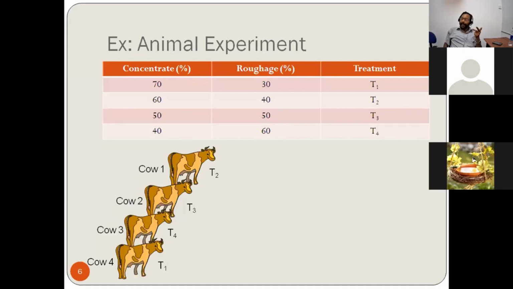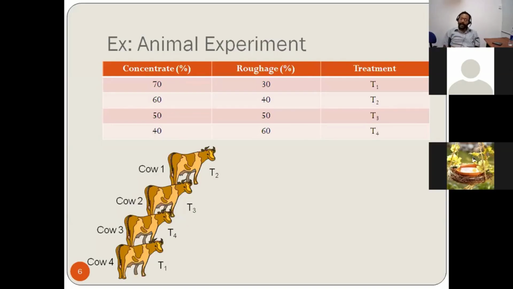But in field crops, usually we don't consider one single field crop as an experimental unit. Collectively, several plants in a field crop are called a plot.